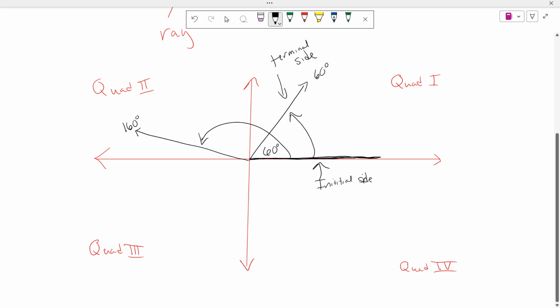Now, notice that I was going counterclockwise. Okay? And I guess most of you don't know how to read a clock anymore. Clock hands go this way around. That's called clockwise. And so when we go the other way, it's called counterclockwise.